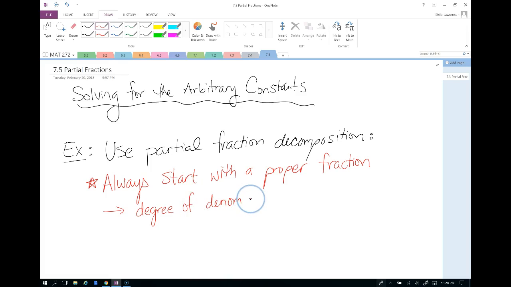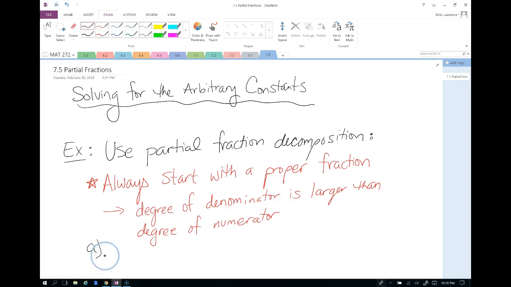If the degrees are equal, or if the degree in the numerator is larger, then we could do polynomial long division to simplify it first. So we always want to make sure of this before we start the partial fraction decomposition process. And I'll make sure that we see an example that has this, where we have to simplify first.